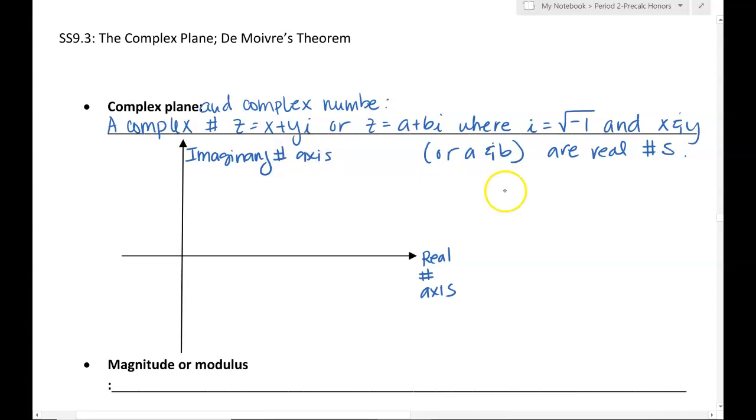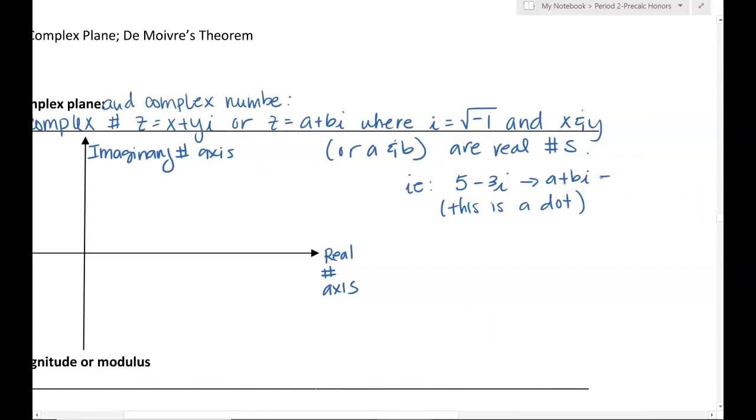So let's make up something really quickly. We have 5 minus 3i. So how would we graph that? This is just a dot. So we're going to go 5 units, that's a real number. So think of it as a plus bi, or think of it as x plus yi.